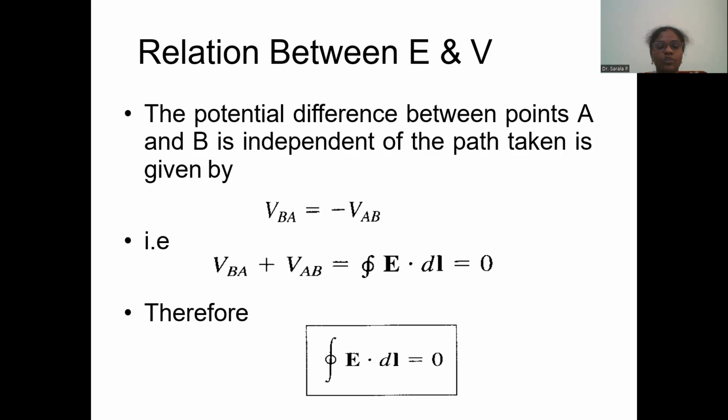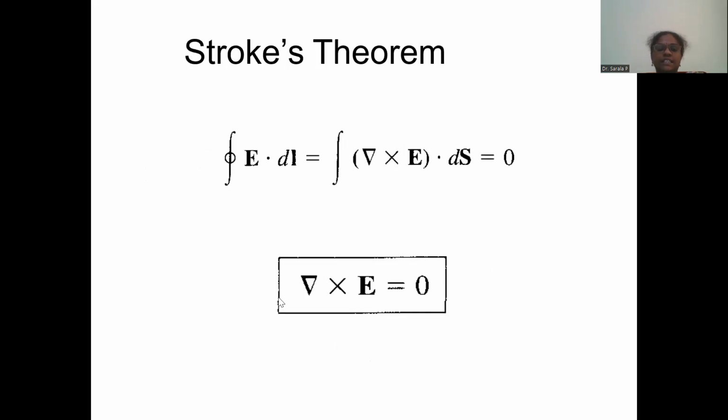So therefore, for a closed contour, the integral of E dot dl is equal to 0. For any closed path, the E dot dl is 0.